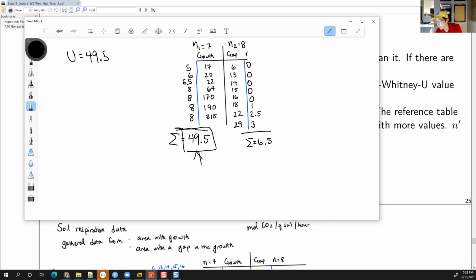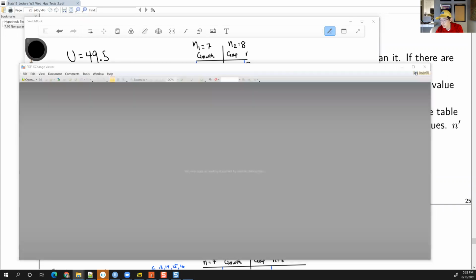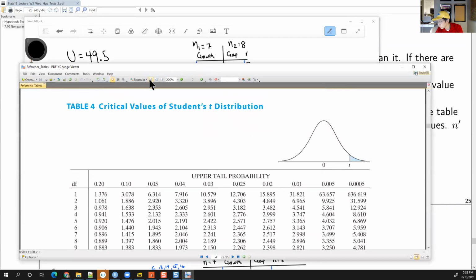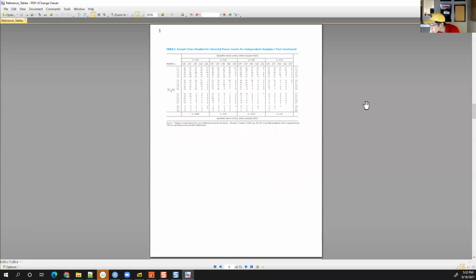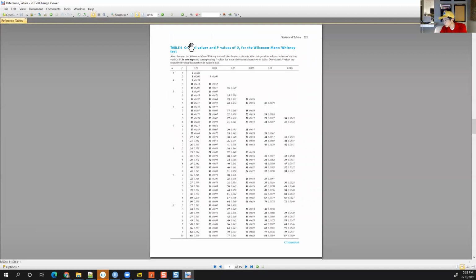Okay, and we're going to look this up in the Wilcoxon-Mann-Whitney table. All right, so let me go ahead and pull that up. It's one of the pages in your reference tables. Here we go. It's table 6, critical values and p-values for the Wilcoxon-Mann-Whitney test.